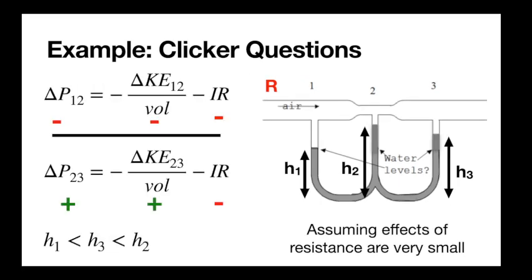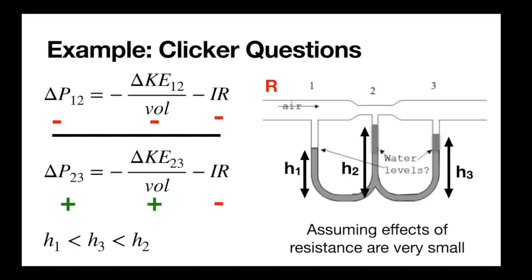So to sum this up, let's say the resistance is very small. So in that case, for this change between 2 and 3, before we have the minus IR, now we moved delta KE over volume here, minus, and we said delta KE is negative, right? Going from a thin to a thick pipe, we have a drop in kinetic energy. So that's a negative negative. So we just have a plus and a minus.